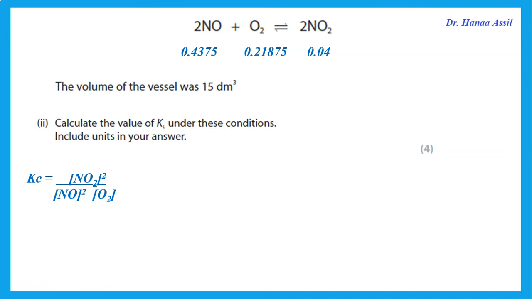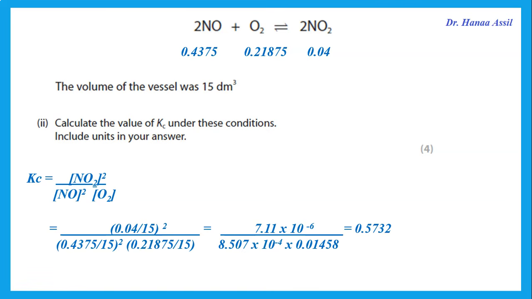So I want the concentration of NO2 to the power 2 over concentration of NO to the power 2 times concentration of O2 to the power 1. So each of these number of moles is over the total volume, which is 15. And this gives a Kc of 0.5732.